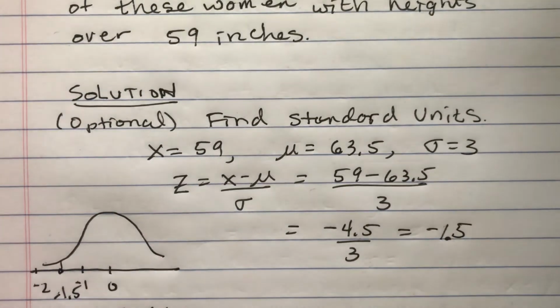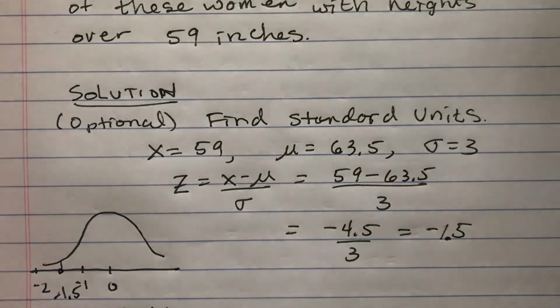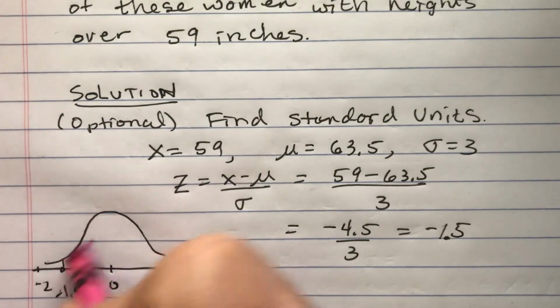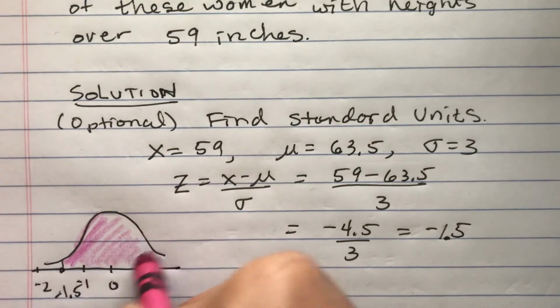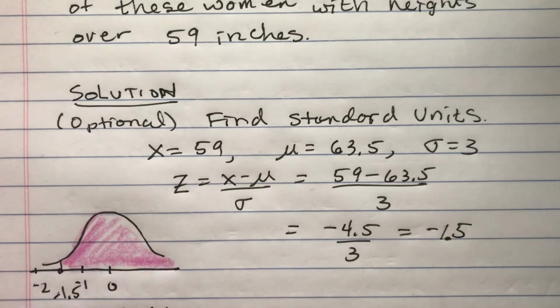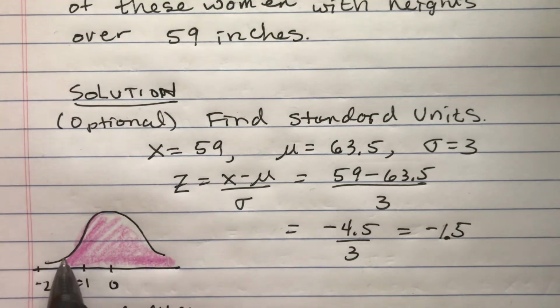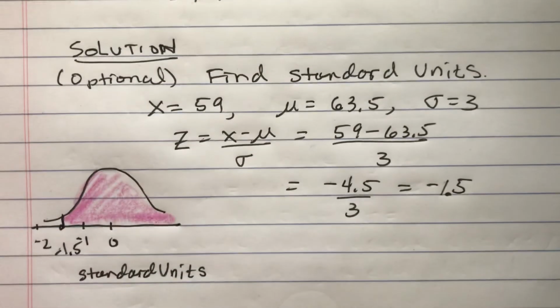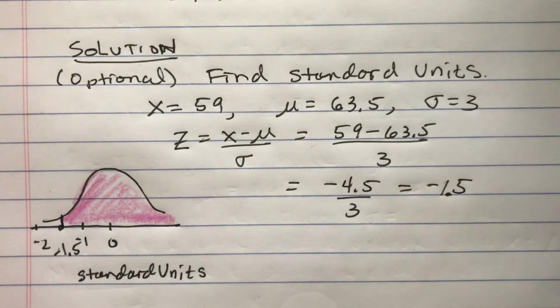So we're looking at everything to the right. Whether it's exactly 59 and above or above 59 inches, it's going to give the same area, because that line corresponding to the exact number of 59 inches corresponds to negative 1.5. That line has no area. So here we have the normal curve.